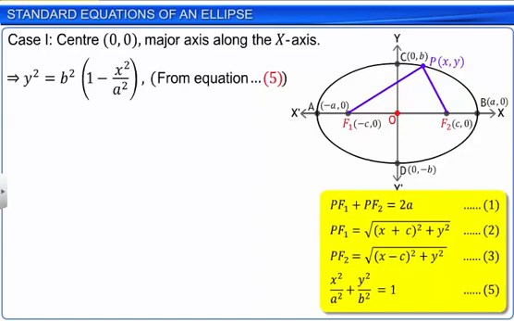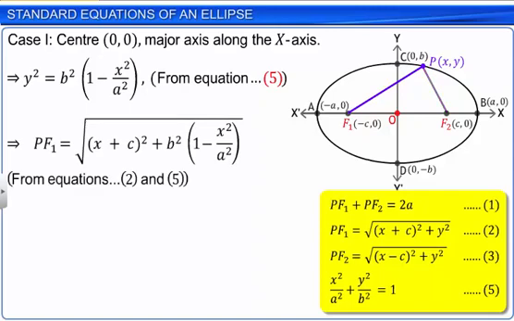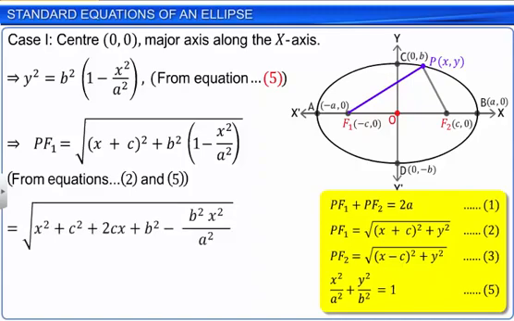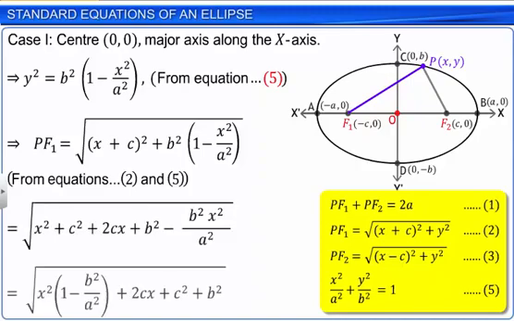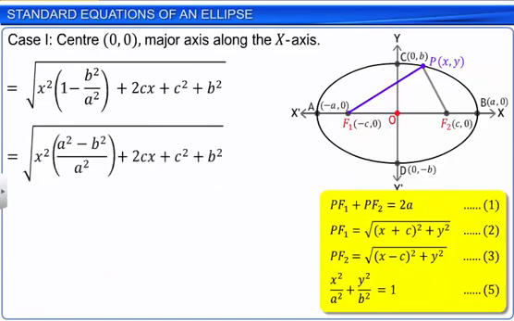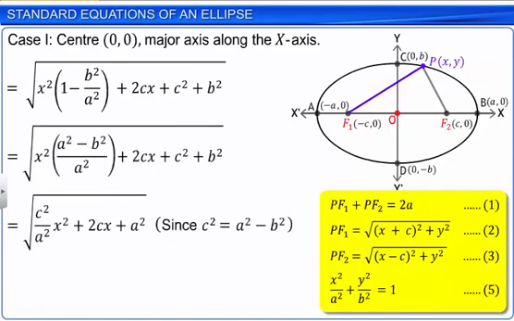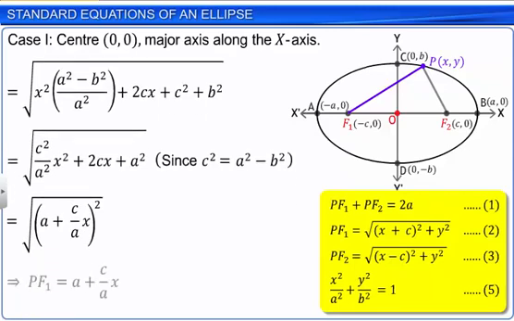Substituting the value of y square from equation 5 in equation 2 and simplifying, we get PF1 is equal to a plus c upon a into x.